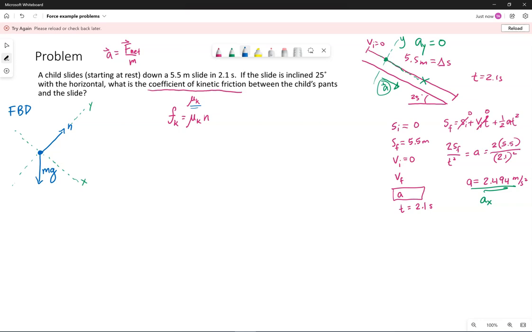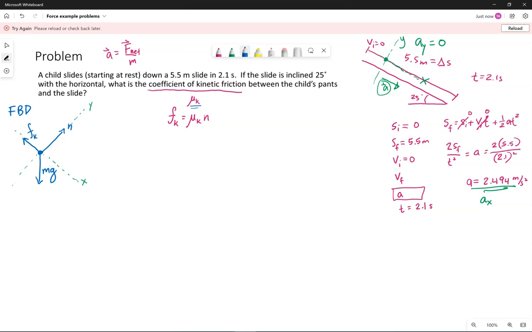So since this child is sliding down the incline, I would draw the force of kinetic friction pointing up the incline. Another benefit to rotating the coordinate system, making the x-axis along the incline, is that now in this new coordinate system, the normal force is all in the y direction. The friction force is all in the negative x direction.